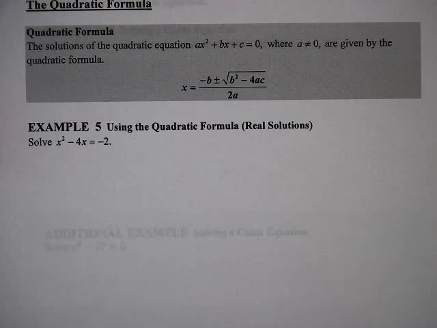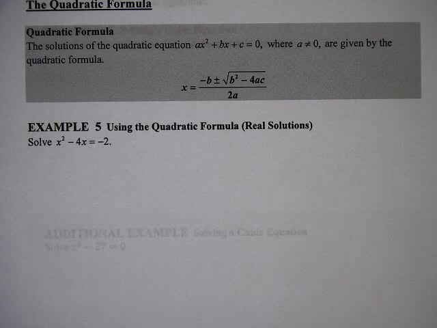Alright, so the quadratic formula says the solutions of the quadratic equation ax squared plus bx plus c equals 0, where a is not 0, are given by the quadratic formula. And you see your quadratic formula here. x equals negative b plus or minus the square root of b squared minus 4ac, all divided by 2a.